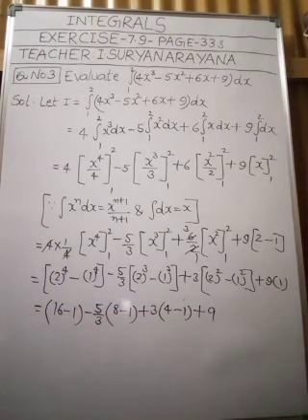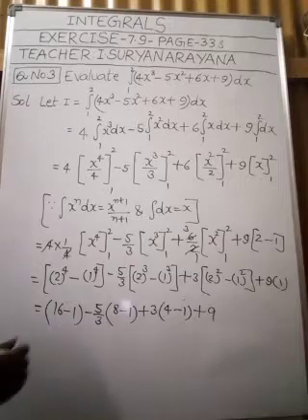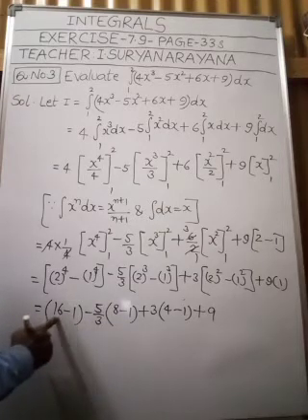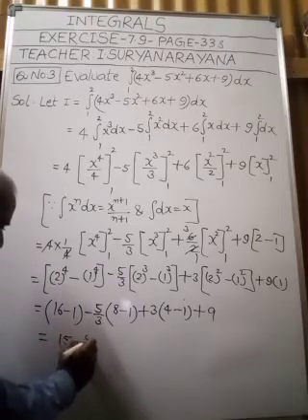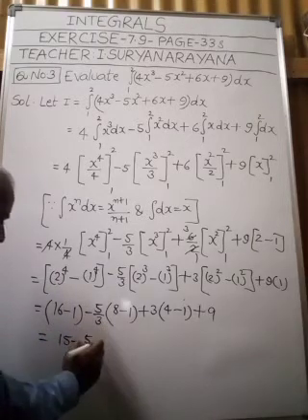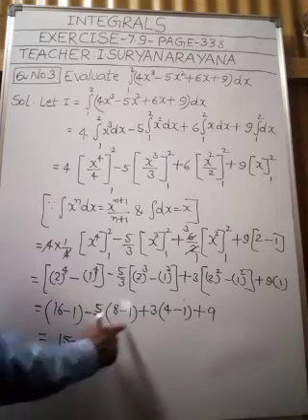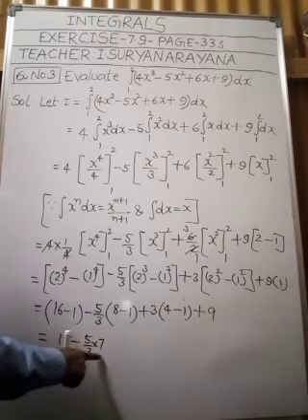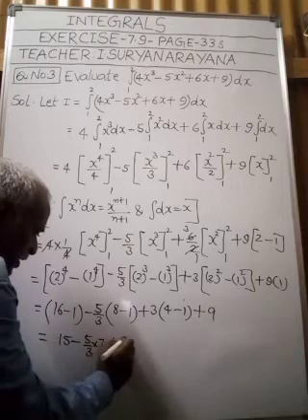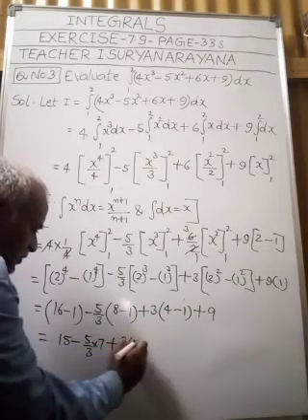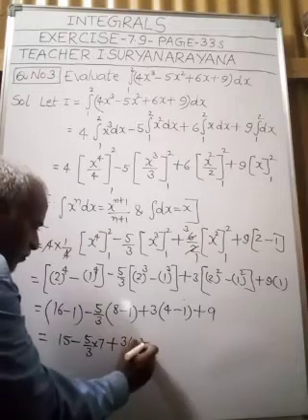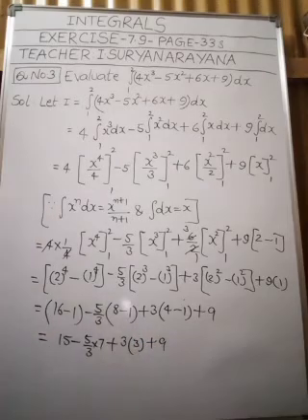We are simplifying the terms. Then what you will get here? 16 minus 1, 15. Minus 5 by 3 into 7. 8 minus 1, 7. Plus 3 into, what will you get? 4 minus 1, 3. Plus 9. Understood this step?